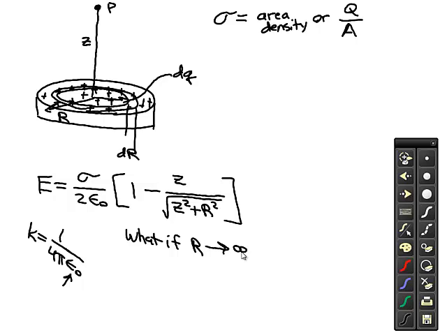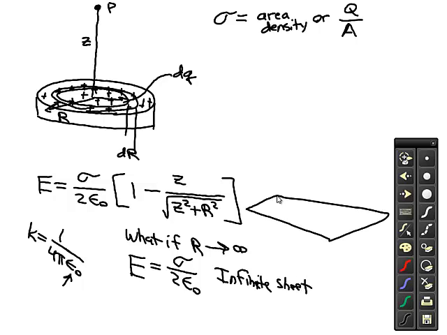It goes to 0. And E gets really close to sigma over 2 epsilon naught. That's an infinite sheet of charge. So if you had this huge sheet of charge and it was uniformly charged and you were hanging above it, this equation tells you the E field there.